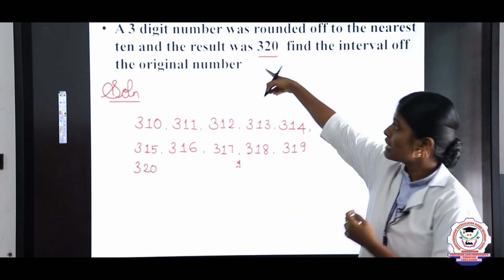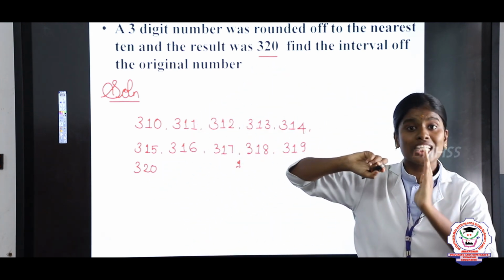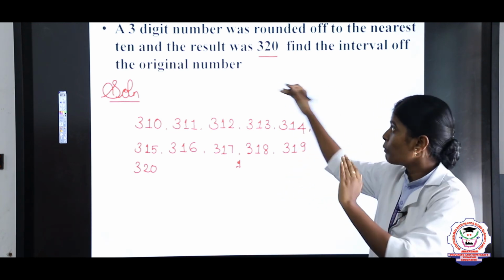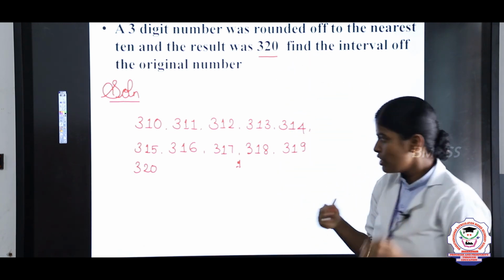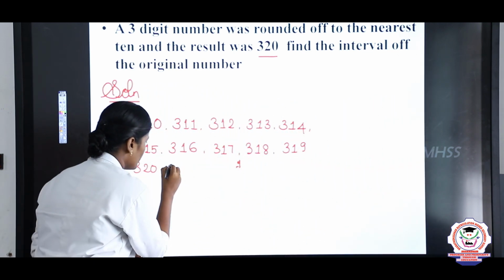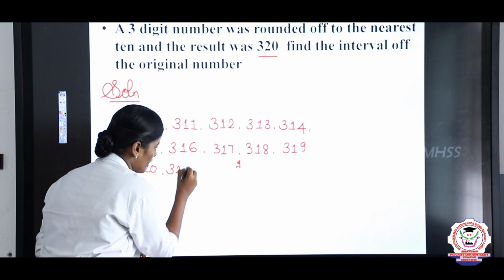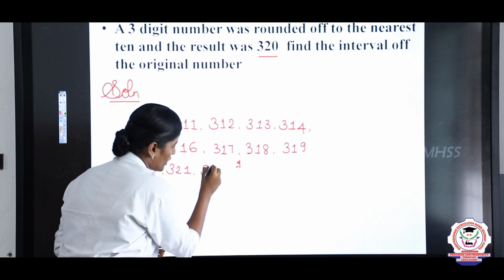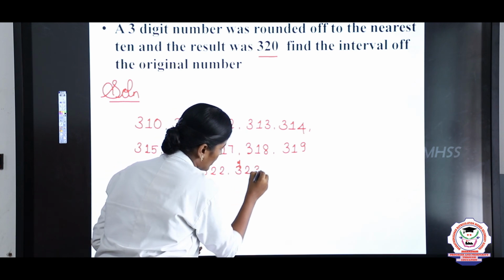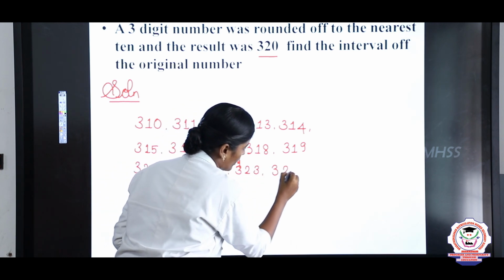Actually the question is rounding off to the result 320. Just write the numbers up to 330, so before 10 and after 10. Okay, so take 321, 322. The next number is 323, 324.